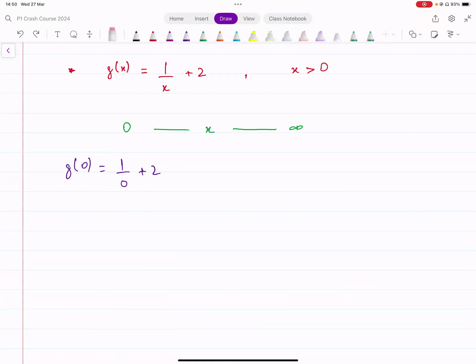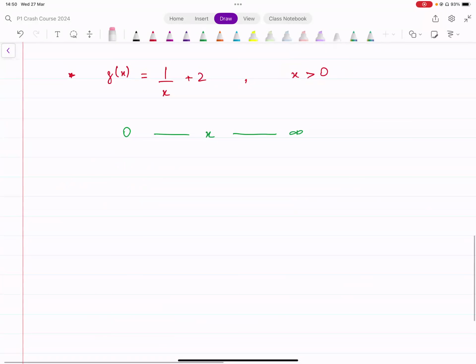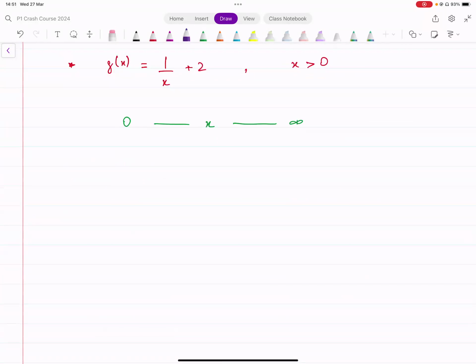So what do we do instead? Since it's greater than 0, we tried inputting 0, that did not work because that gives you 0 in the denominator. What you can instead do is, since it's greater than 0, input a value slightly greater than 0, just slightly greater than 0, and see what happens when that is the case.